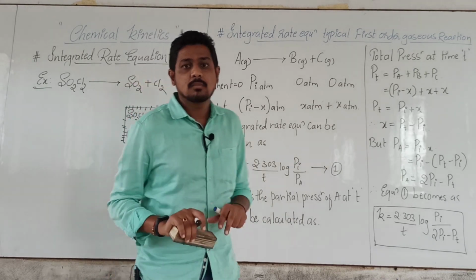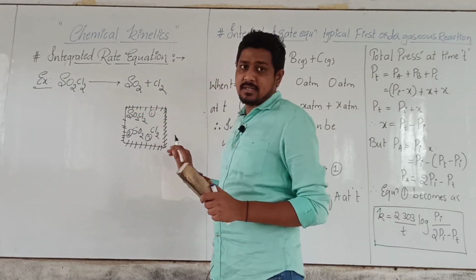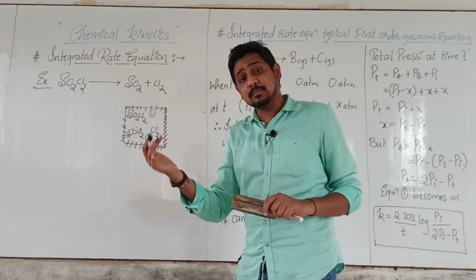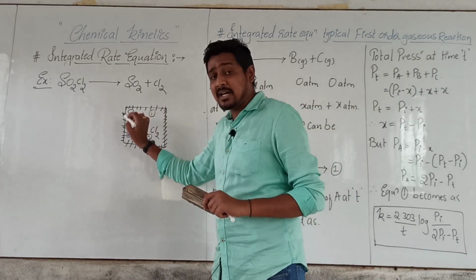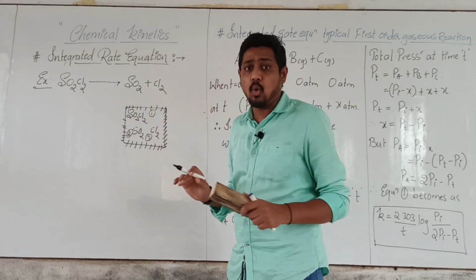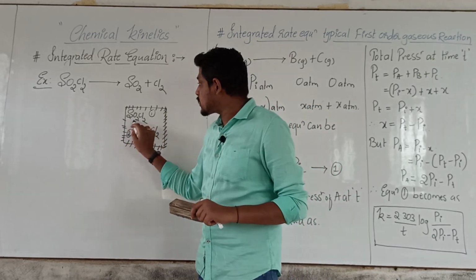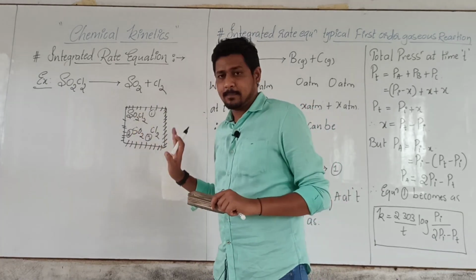What this means is, Pa refers to the pressure exerted by sulfuryl chloride after 10 seconds. That pressure we call the partial pressure. In this mixture, three components are exerting pressure on the wall of the container. In that total pressure, the contribution of sulfuryl chloride is called the partial pressure of sulfuryl chloride.